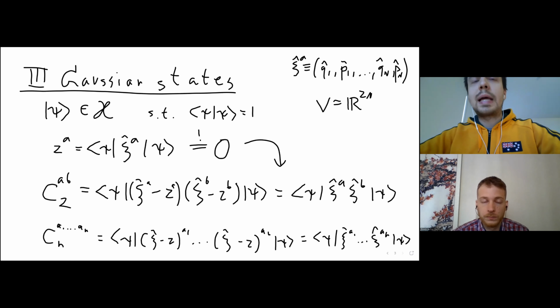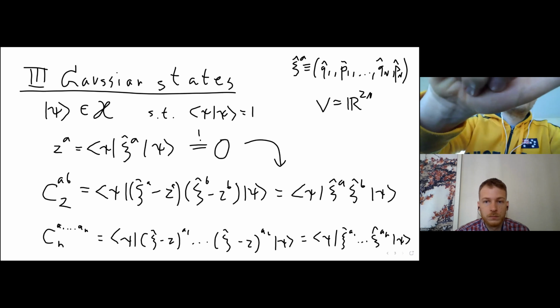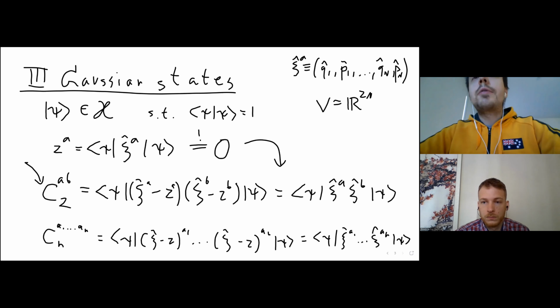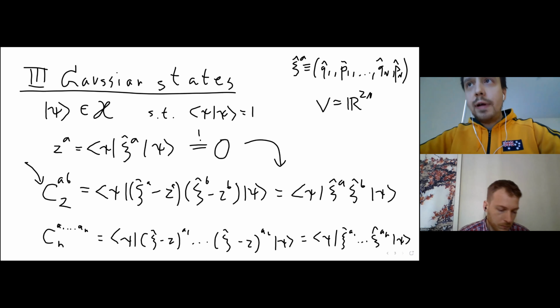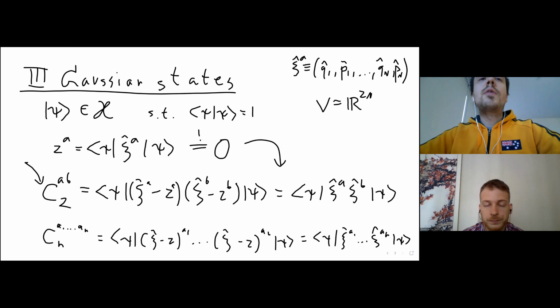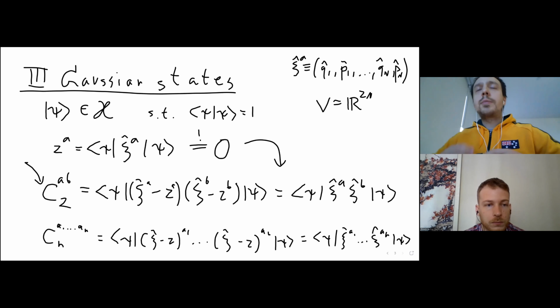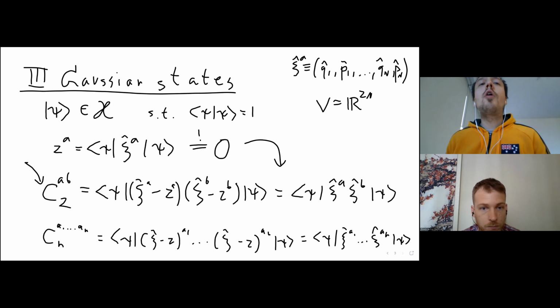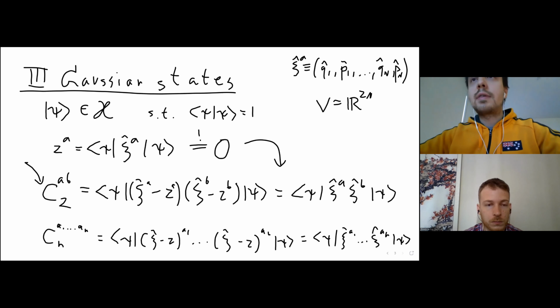So we don't expect that just knowing a 2n by 2n matrix, such as C2, would allow us to describe all states in Hilbert space. However, and that's the beauty of Gaussian states, if we know the two-point correlation functions of a pure Gaussian state, we can extract all n-point correlation functions via Wick's theorem, and that's exactly what we will be proving today.